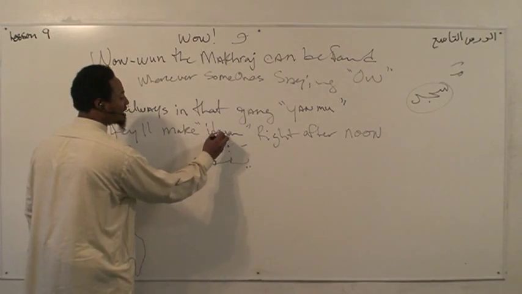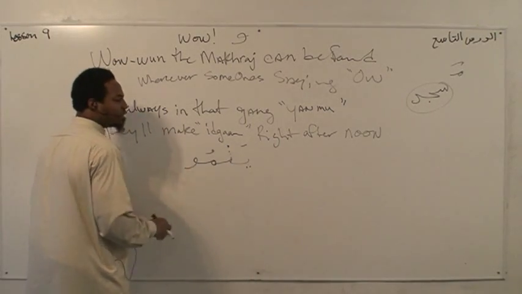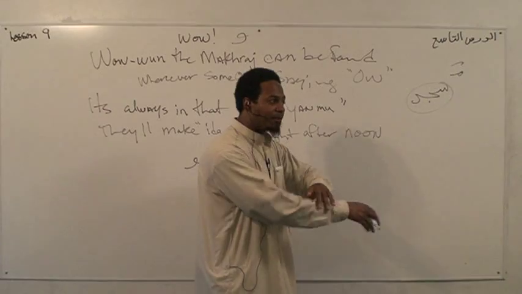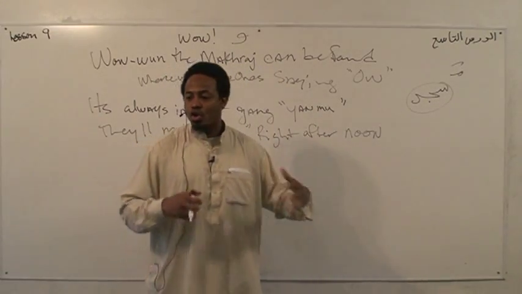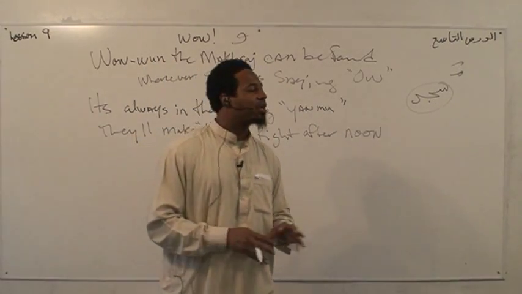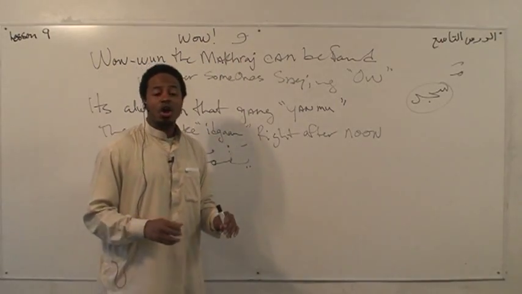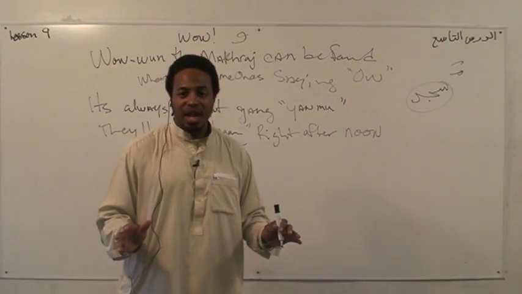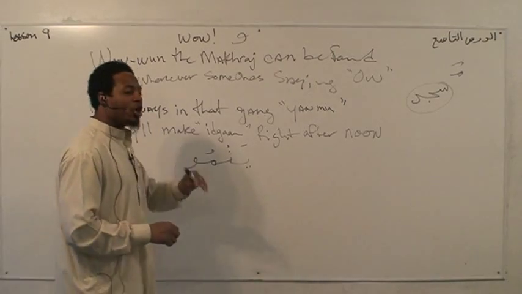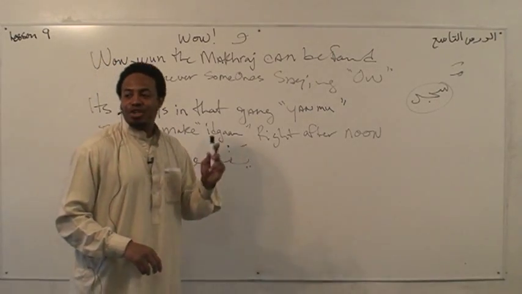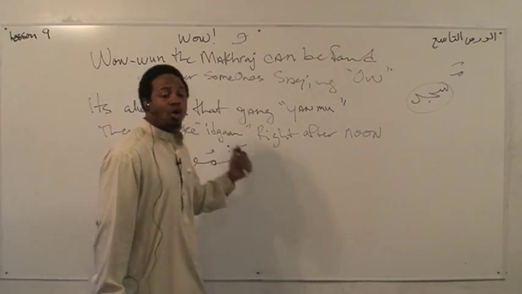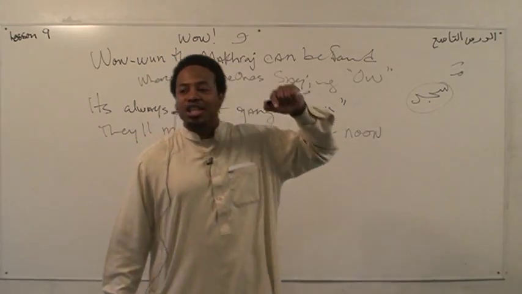So it says, when it says idgham here, idgham means dakhala shay fi shay. I'm not trying to teach you tajweed here or to confuse the issue, because all we're learning here are the basic letters, right? But in learning the basic letters, you have to know that wow is in that gang called yanmu.